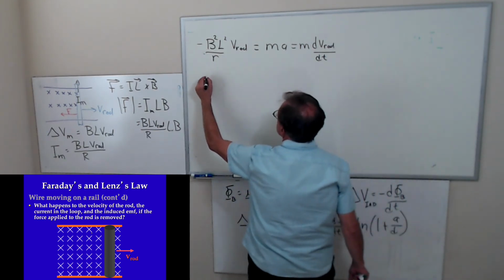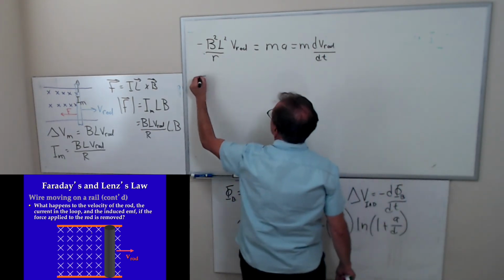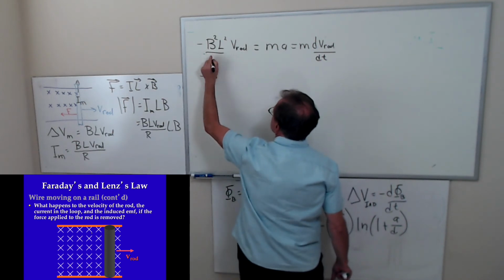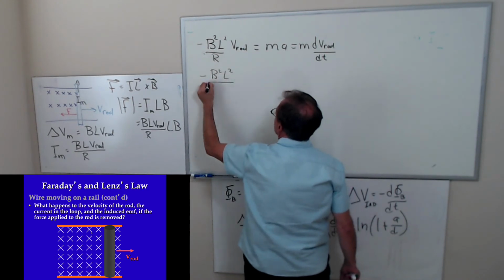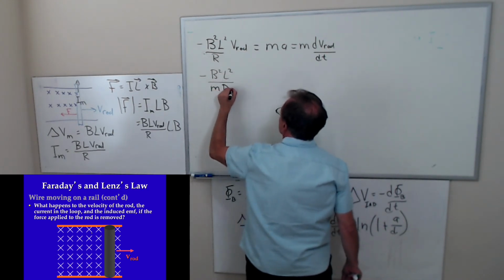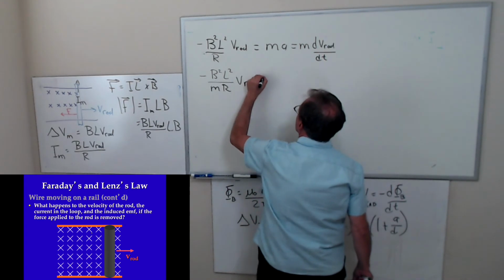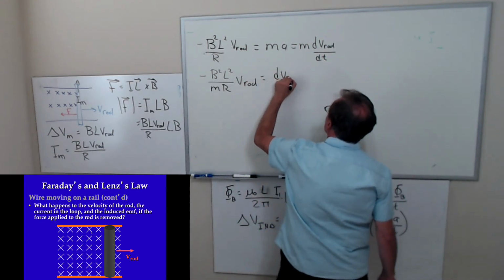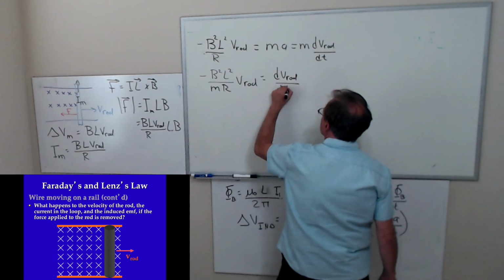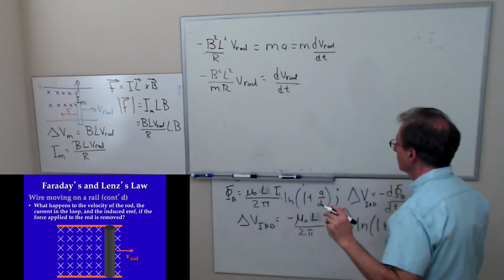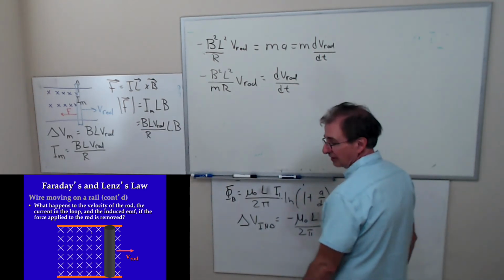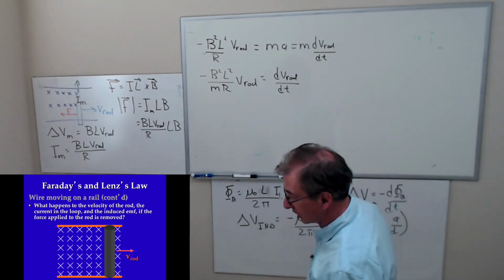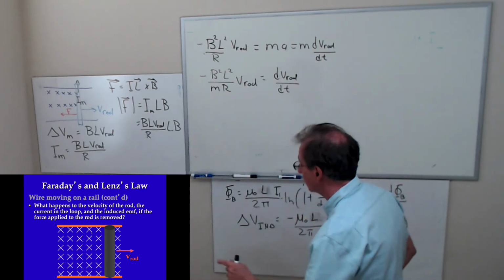So I can rewrite this and divide both sides by m. Now, I'm going to isolate the v's on one side. I'll get to your question regarding the v decreasing.